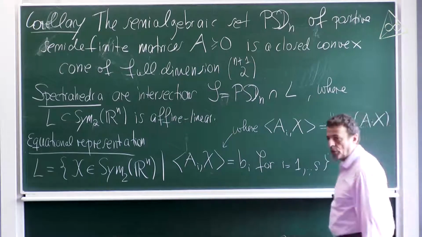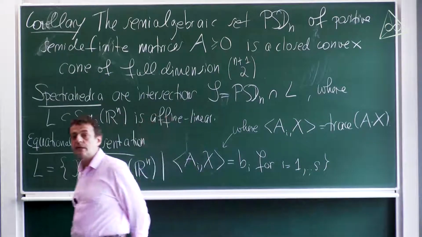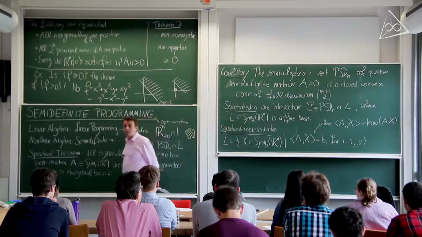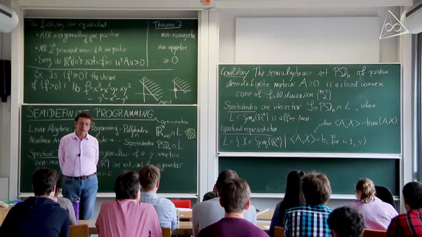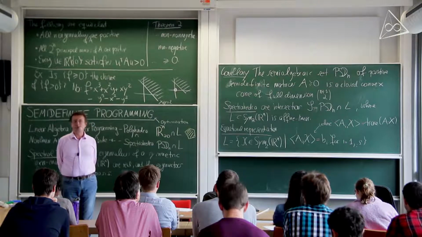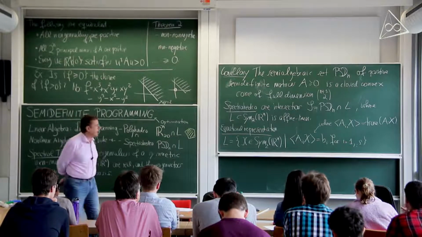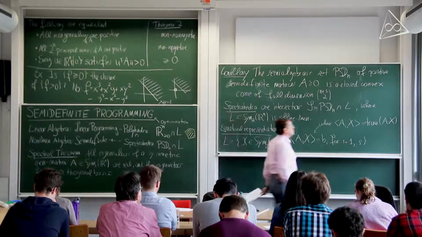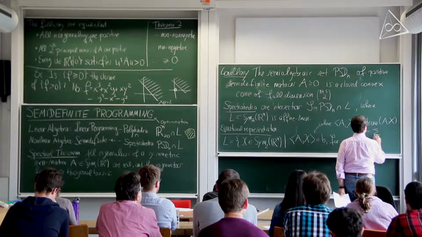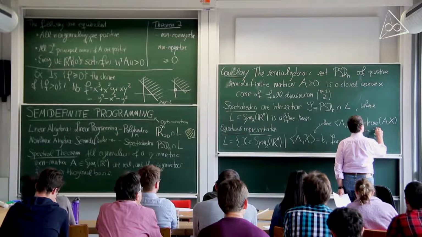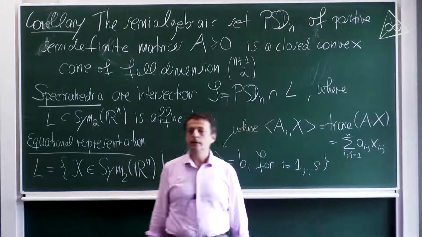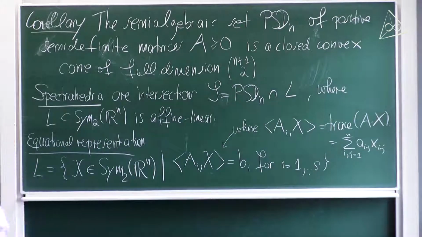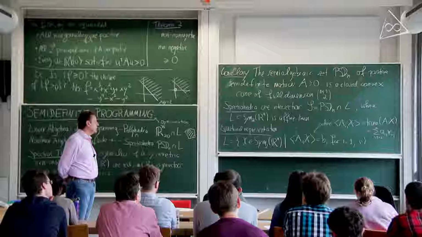But it's convenient to write this as the trace of the matrix product. If you have two square matrices of the same size, then the inner product in the usual dot product sense can be computed by forming the matrix product and then taking the trace, that is to say, adding up the diagonal elements. Just to be super explicit, this is the sum over all i, j up to n of a_ij x_ij, and if you write this out for symmetric matrices, the off-diagonal entries appear twice.